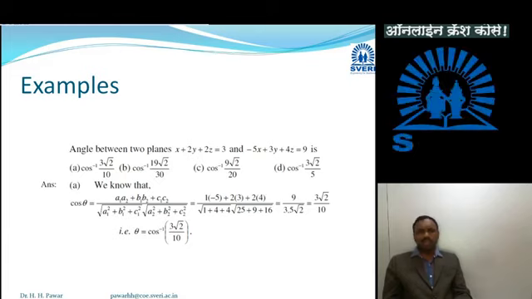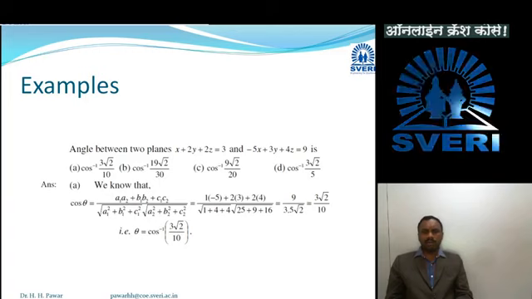As we know, the formula for finding the angle is cos theta equal to (a1 a2 plus b1 b2 plus c1 c2) divided by square root of (a1 square plus b1 square plus c1 square) into square root of (a2 square plus b2 square plus c2 square).